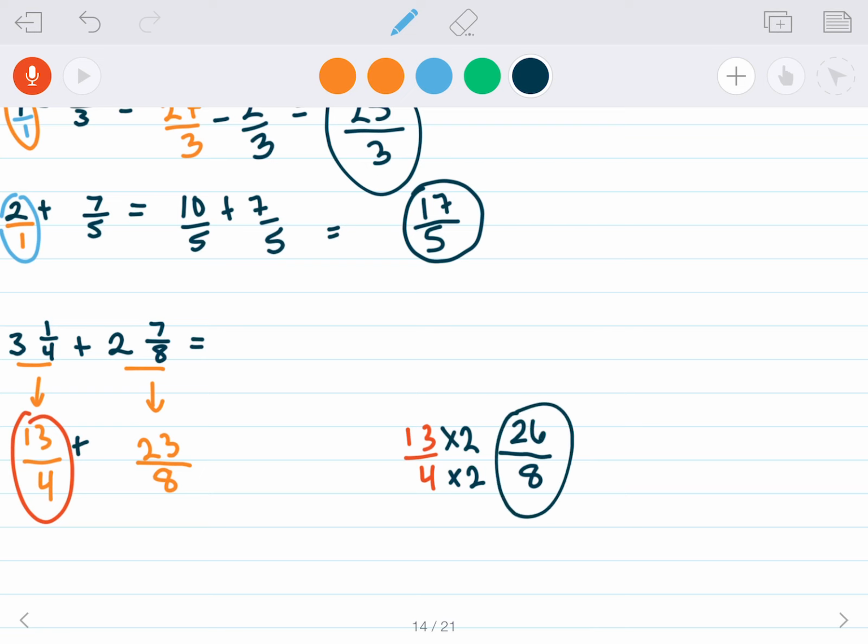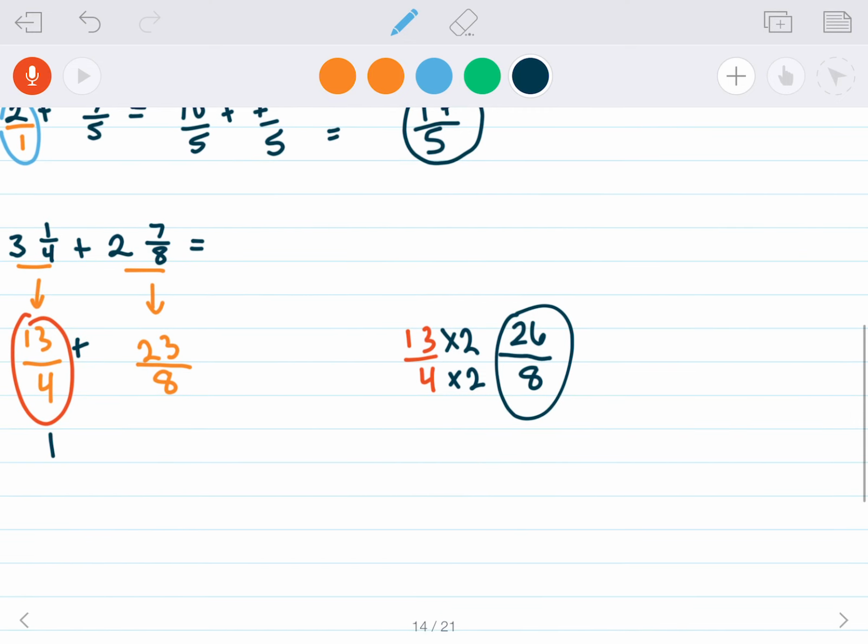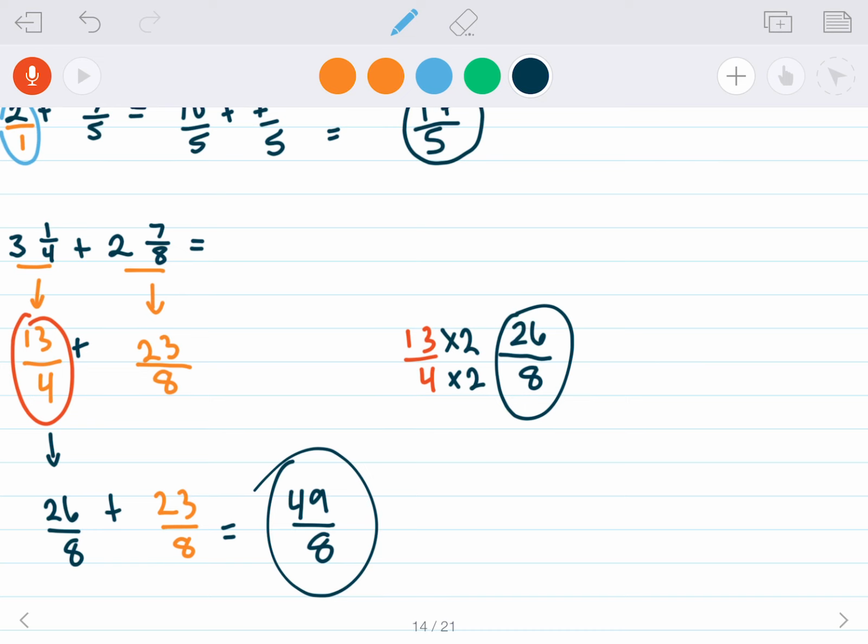So 13 over 4 is secretly 26 over 8, and 23 over 8 can just come down, and now we can add them because we have the same denominator 8. So 26 and 23 is going to make 49 over 8. So that's our answer here.